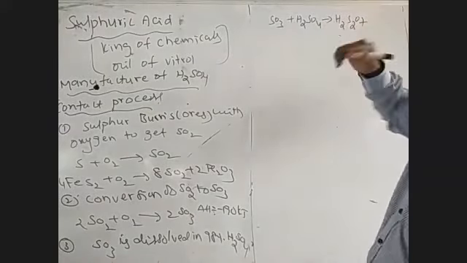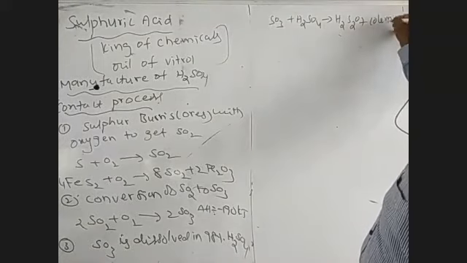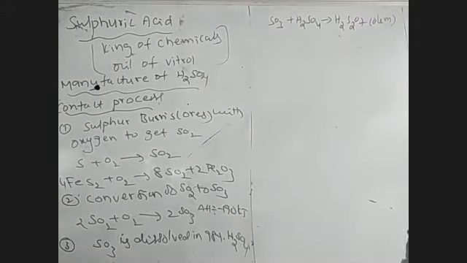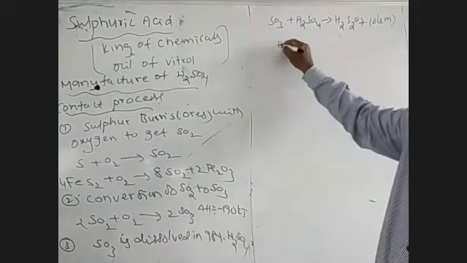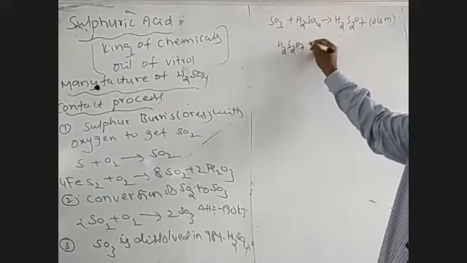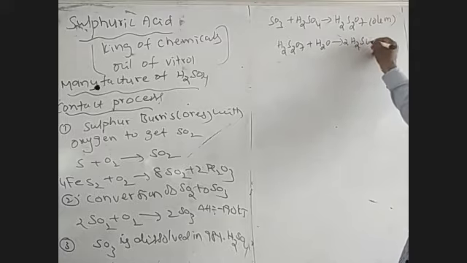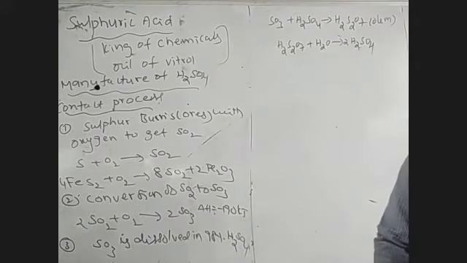H2S2O7 is called fuming sulfuric acid, also called oleum and also called pyrosulfuric acid. H2S2O7 has S-O-S bonds. This H2S2O7 on further hydrolysis produces sulfuric acid, H2SO4.